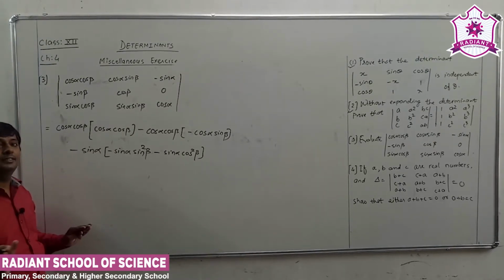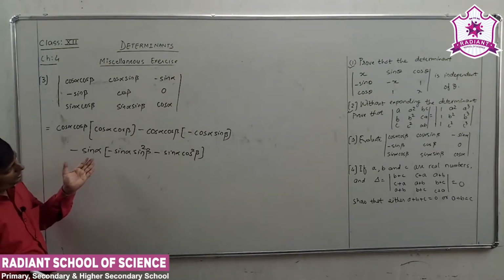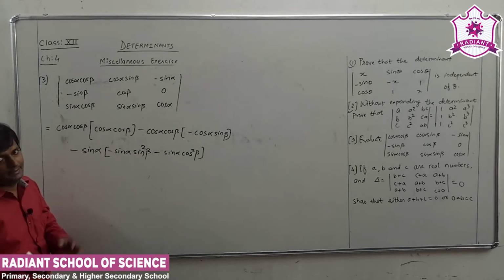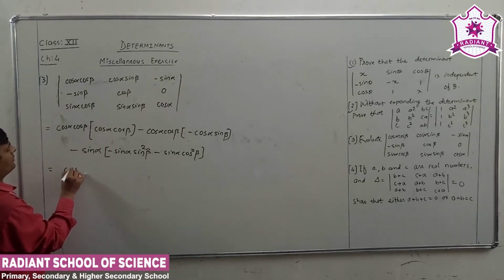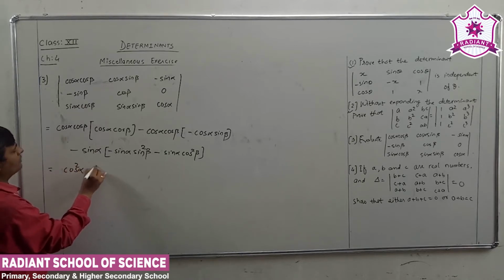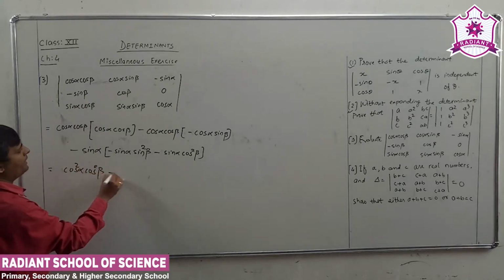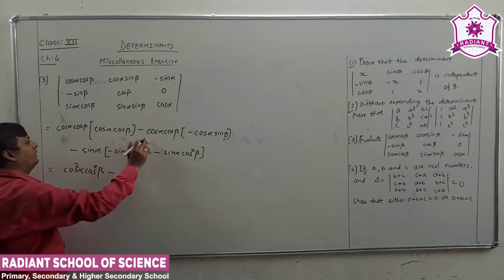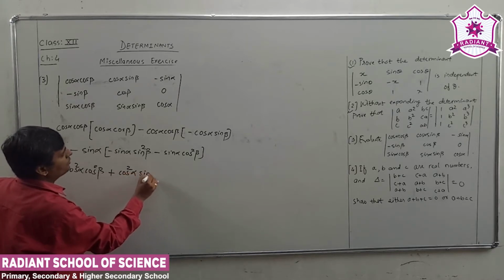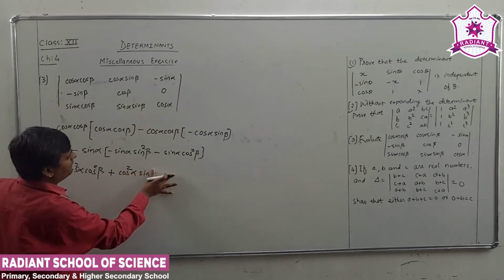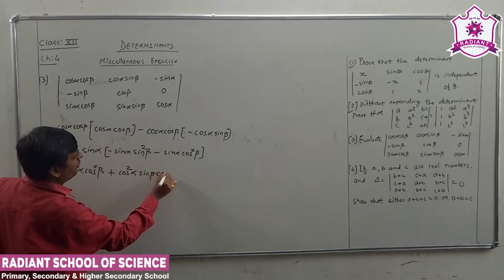Now again expand this. Now we near to our results. So split this. So cos square alpha into cos square beta. Minus. This one is clear. The second one: minus minus plus. So again cos square alpha into sin beta into cos beta.